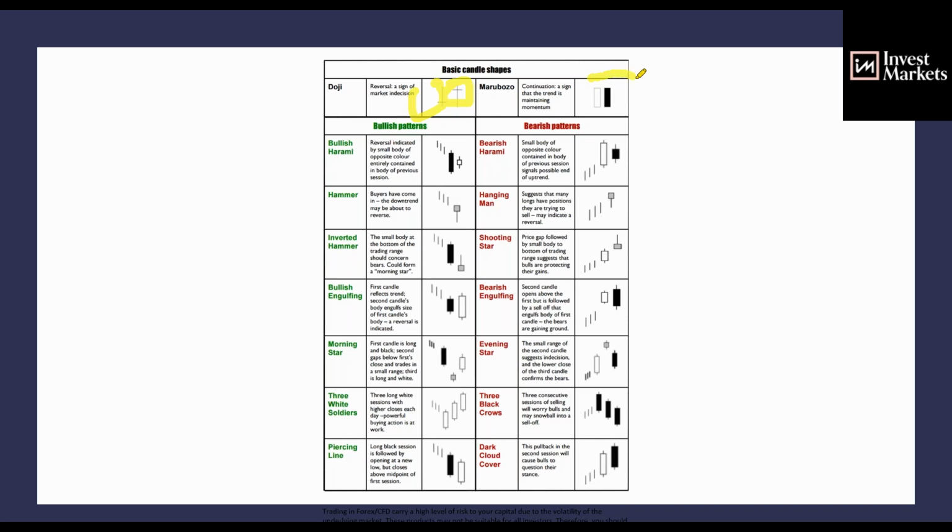We also have marubozus. A marubozu has no wicks. So if you see a white or a green marubozu, that means the price opened and ran completely and closed at the very top of the trading session.